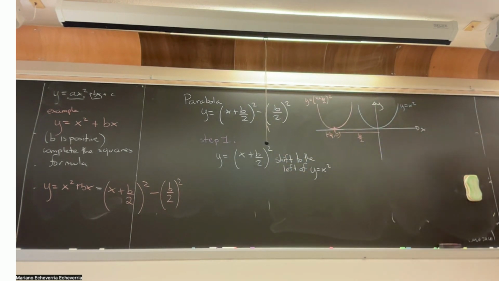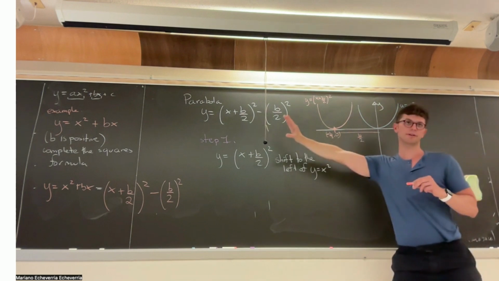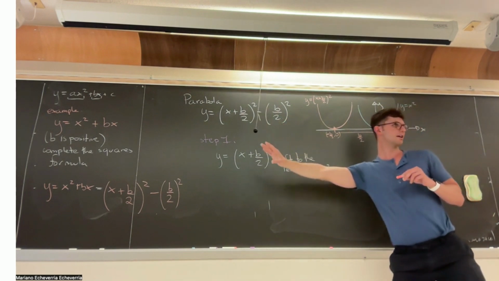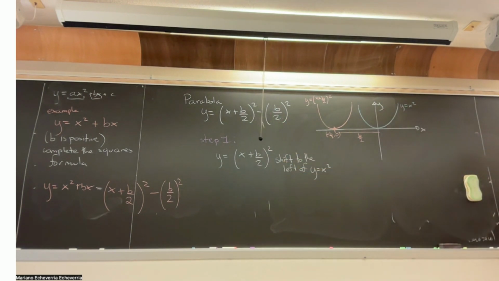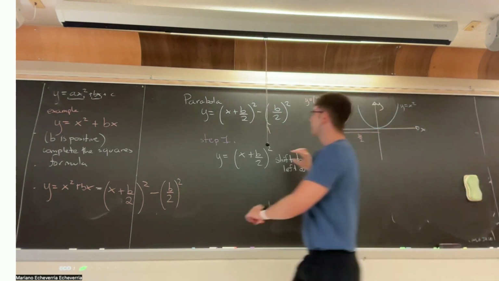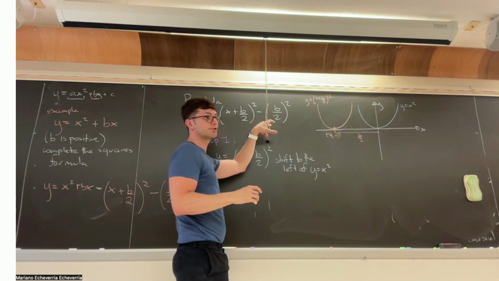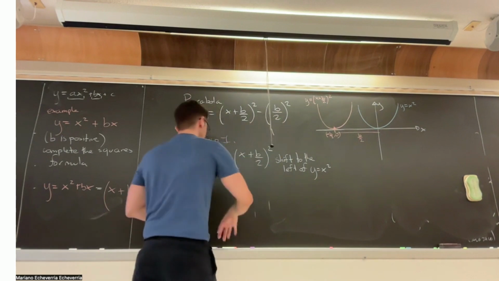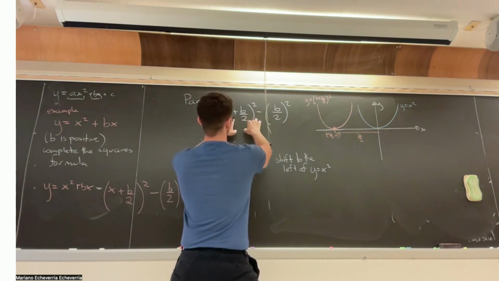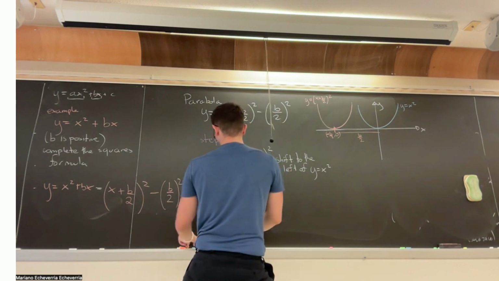It looks exactly like the original graph, but all of it was translated to the left. So far so good, is that making sense? And then the parabola is not just this part, it's also this part. So I also have to subtract this part from the graph. The full equation is not just this term, it's also this one.